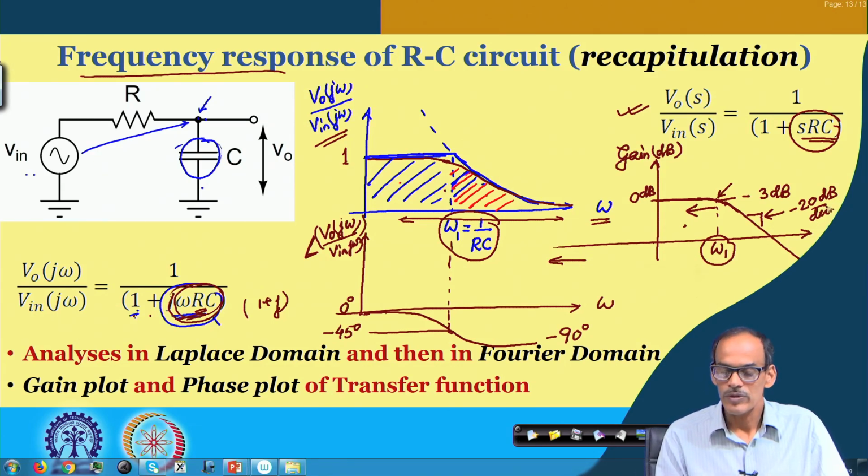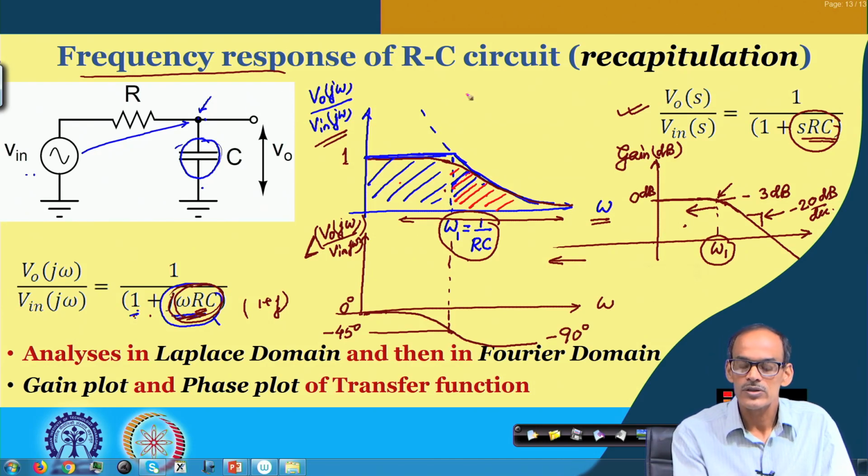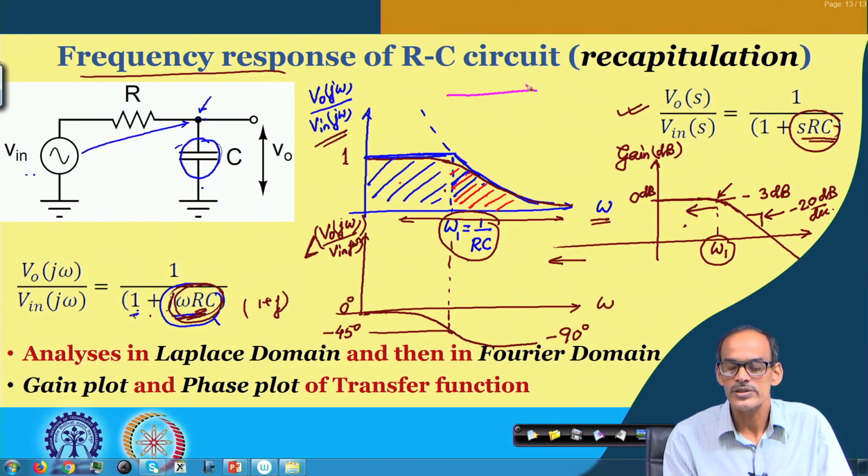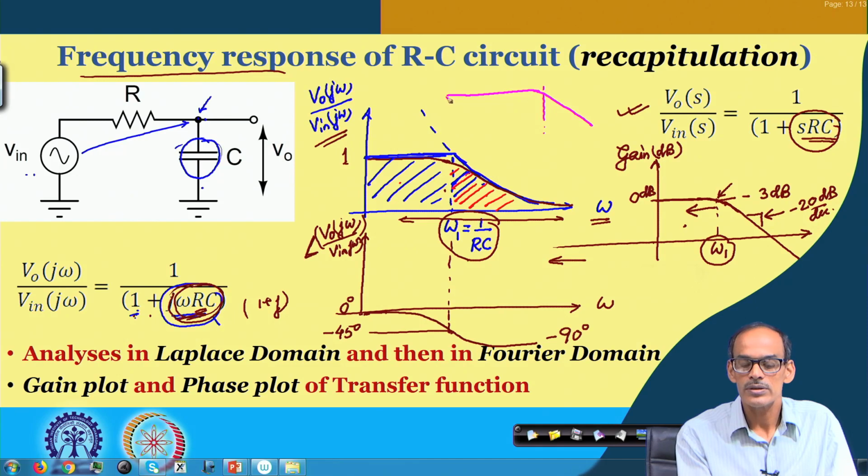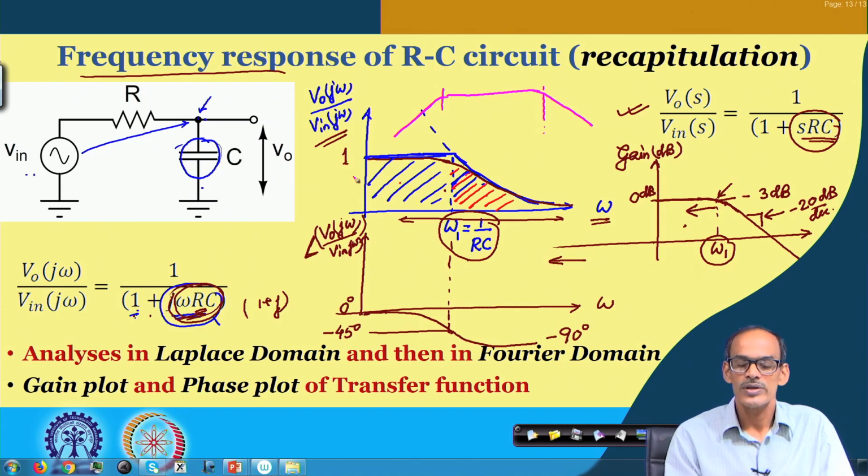So, whenever you are talking about frequency response, what we are looking for is that in some range the gain remains constant, and then we hit something called the corner frequency, and beyond that it has a roll off like this, minus 20 dB per decade. In case we consider the other circuit, we have seen that below some other corner frequency the slope is 20 dB per decade.